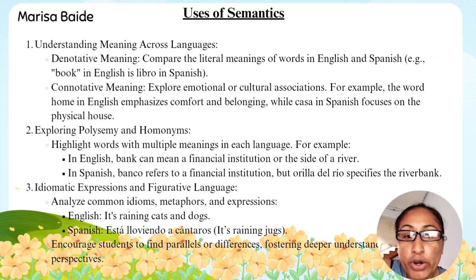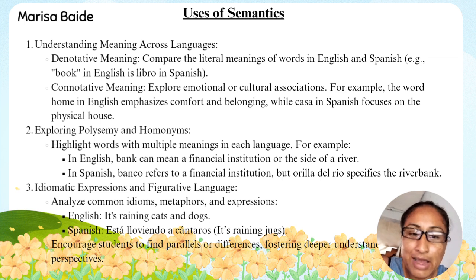For example, the word home. When we hear the word home in English, it emphasizes comfort and belonging. While if we say the word casa in Spanish, casa focuses more on a physical house.